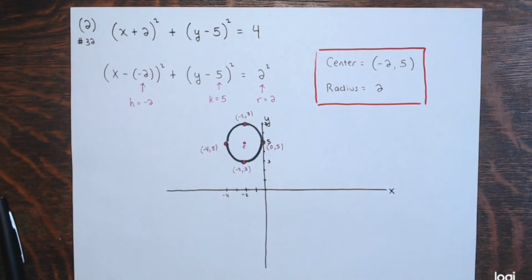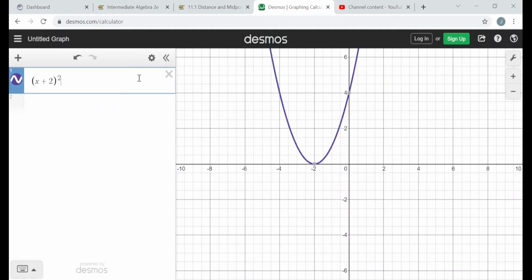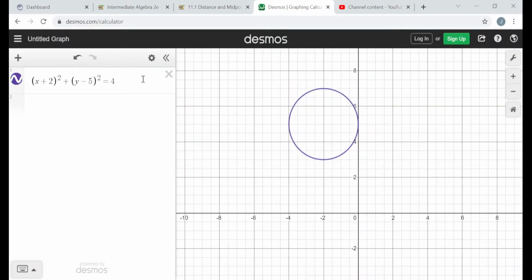Alright, and then once again I'll go to the Desmos site and just verify that all these points are on there. Type in the equation that we were given: (x plus 2) squared plus (y minus 5) squared equals 4. And yeah, look at this.